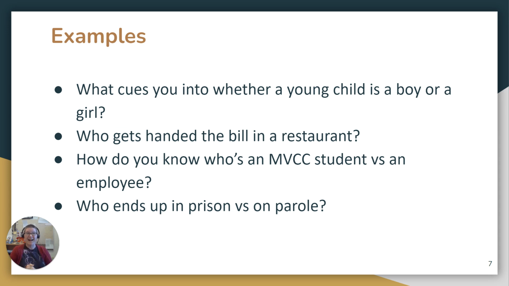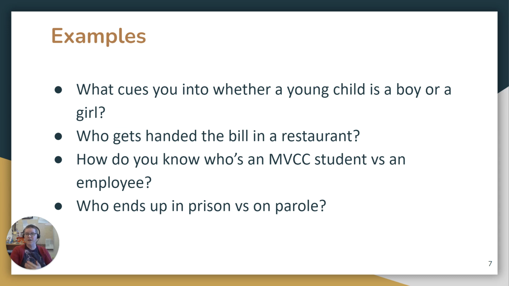On our campus, I was like, how do you know who's a student versus an employee? When you think college student, people often think young, but an MVCC student is often not young, but a returning adult of some type. And so there's a lot of mix-up that tends to go on this campus where people see somebody of a particular age and think they either work here or they are a student, and it's actually the reverse.